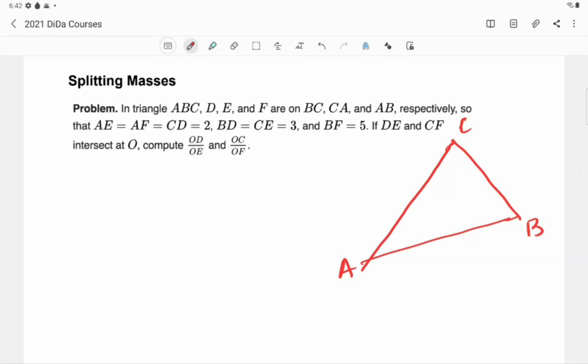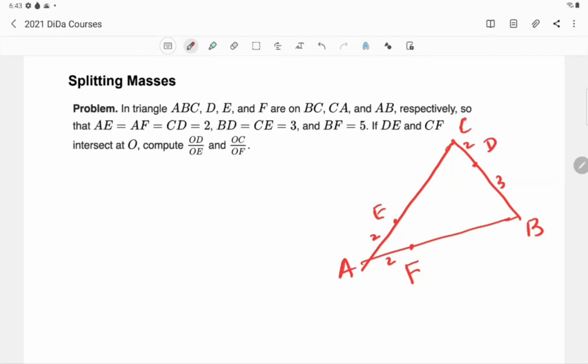So it says AE equals AF. E is on CA. So AE equals AF, and equals CD. Okay, and these three are equal to 2. And then BD is 3. Let me just write it out. 2, 2, 2.